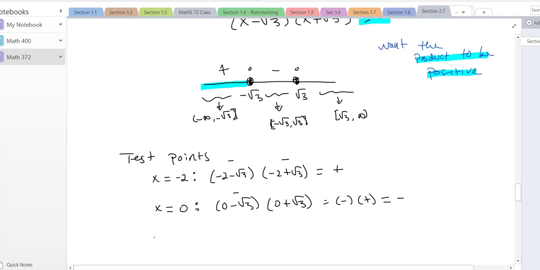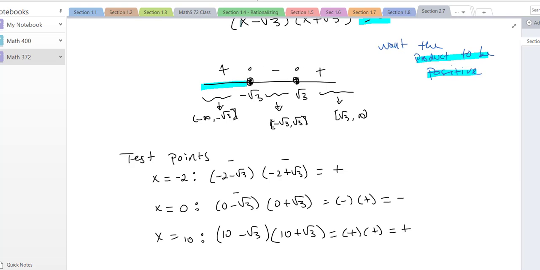Let's pick another test point, something larger than root 3. I'm just going to go with 10, as long as it's bigger than root 3. So 10 minus root 3 times 10 plus root 3 is a positive times a positive, which is positive. We are looking for positive, so we're going to shade that.